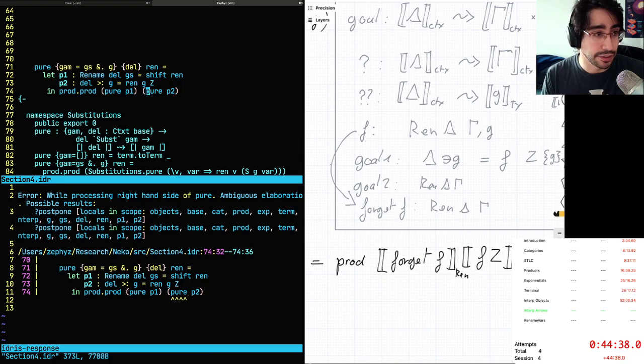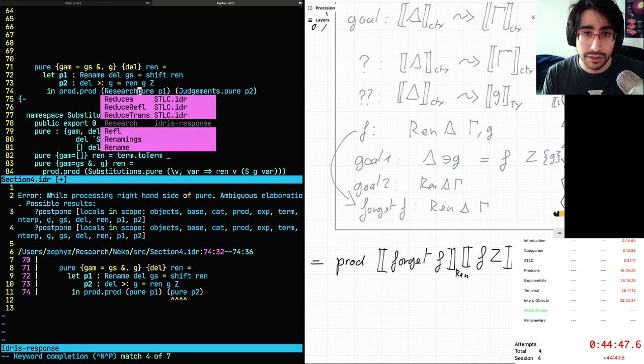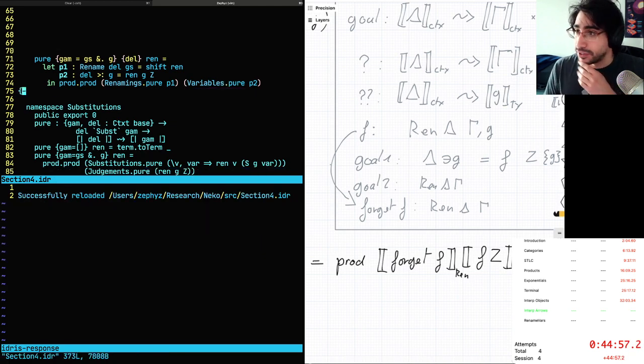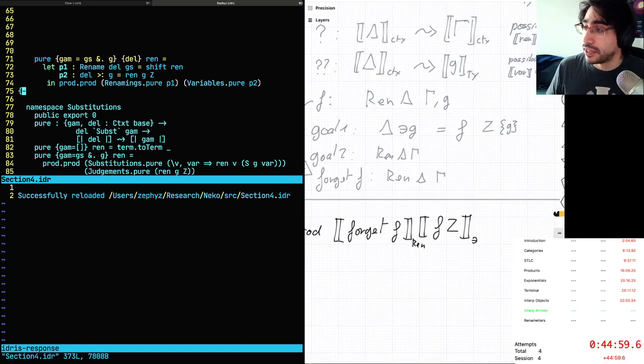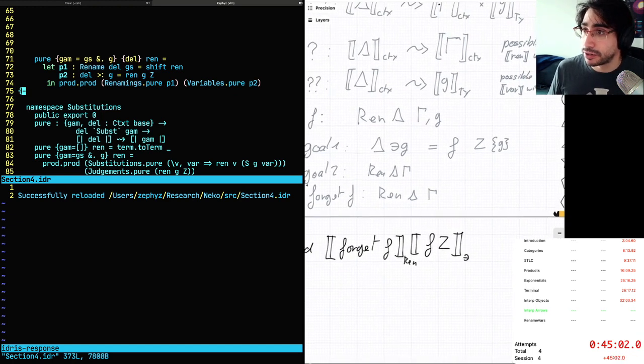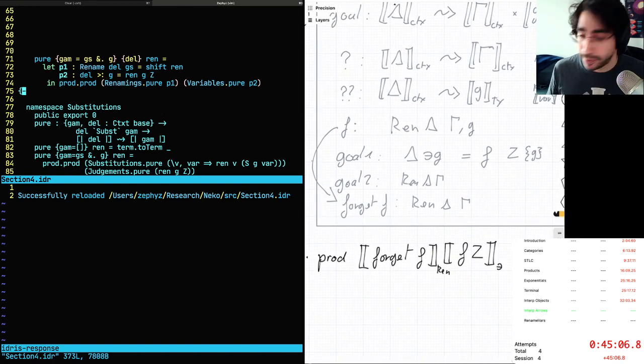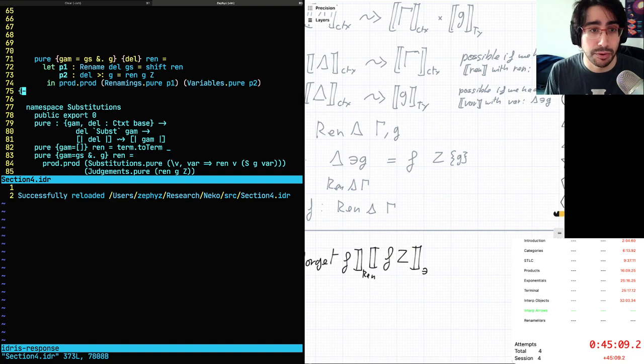And no, it's not working because it wants this to be this, and it wants this to be, wait, that's correct. Renamings and variables. There we go. Right, so you can see how you can get to those concepts by going back and forth between the paper definition and the program definition and asking the compiler, please help me go through this.